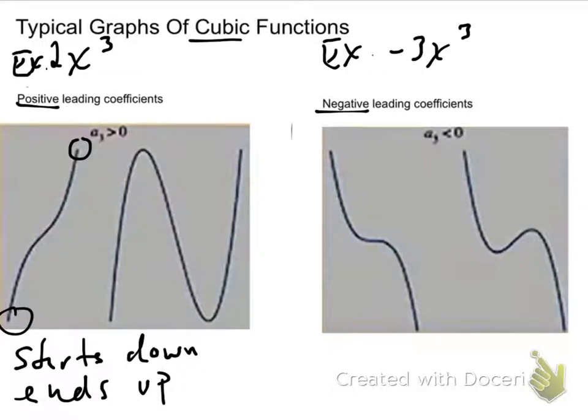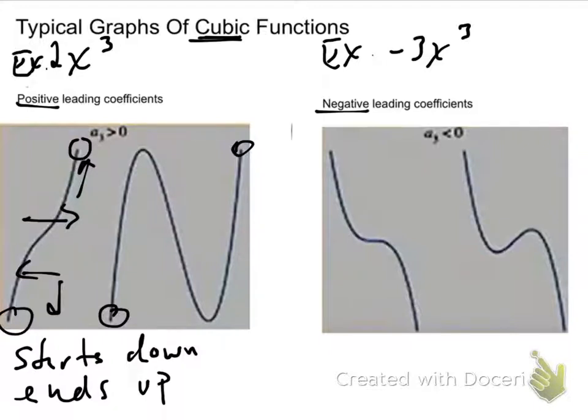So as x goes to negative infinity, my graph f of x goes to negative infinity. And as x goes to positive infinity, my graph f of x goes to positive infinity. Alright, so a positive leading coefficient on a cubic function, the graph always starts down and ends up. And you can see the same thing happens here. I start down, end up.